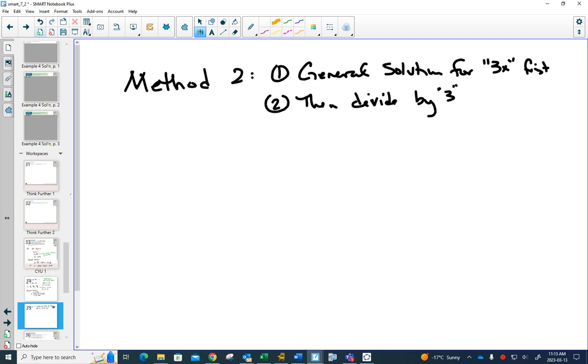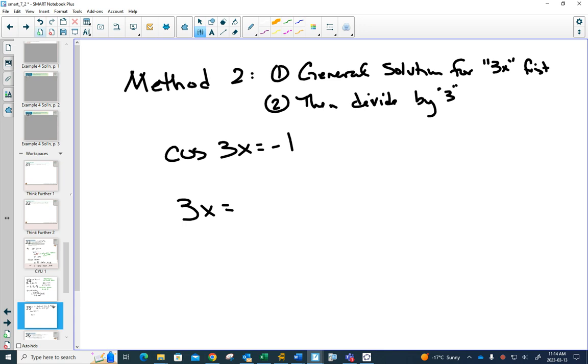So what does this look like? We have the same question, cos 3x equals -1. And we ask ourselves, if this was a question that just said cos theta equals -1 and we wanted to write the general solution, it would look like this. 3x equals. How many times in the first time around can cos equal -1?